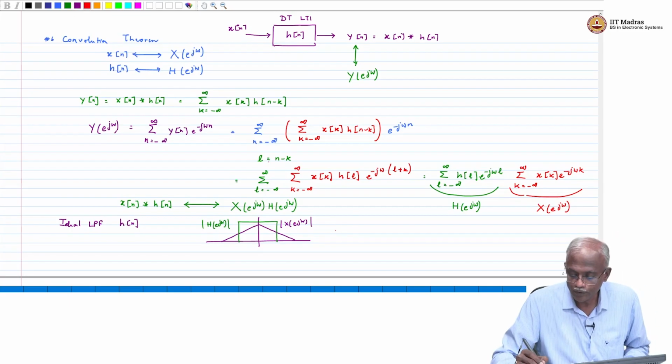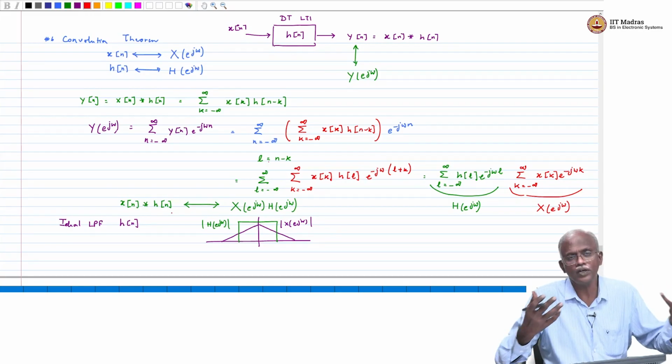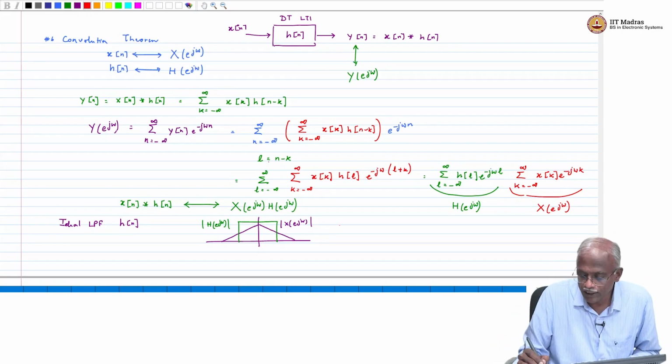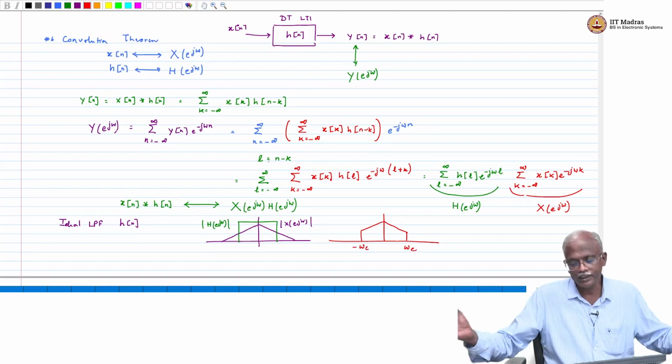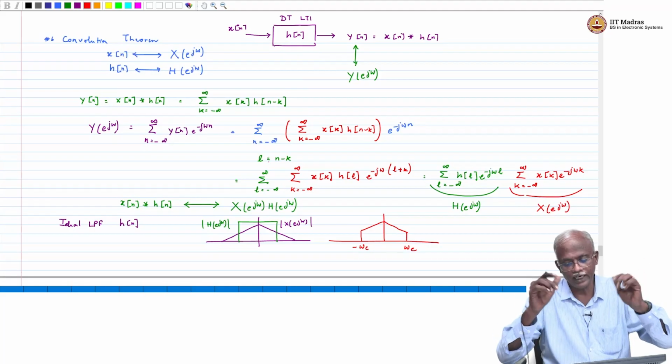The convolution in the time domain did not give me much insight, but the frequency domain representation gave me a beautiful insight, which says that all frequencies above omega c will get eliminated, and this will be minus omega c to omega c, the new spectrum at the output.